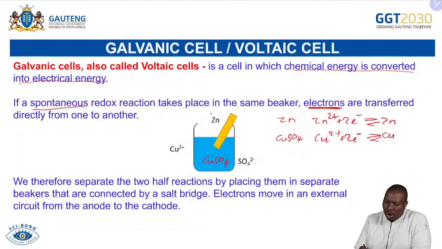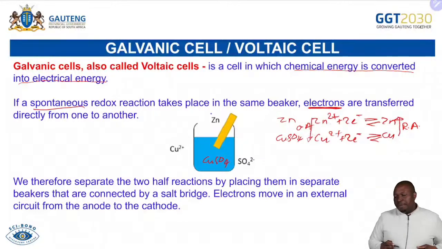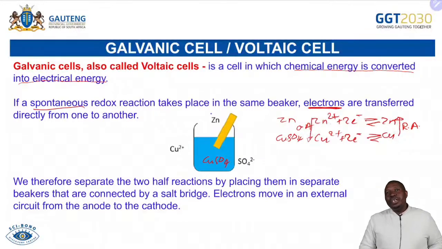And if you check on the table, you will see that on the left we have the oxidizing agent. On the right we have the reducing agent. So the arrow for the oxidizing agent is downwards on that side. For the reducing agent, the arrow is upward. So the reaction is always between a strong reducing agent and a strong oxidizing agent.